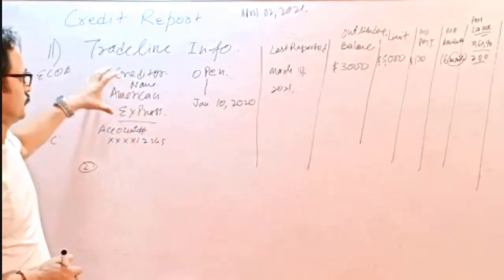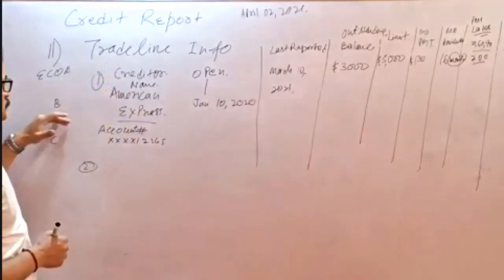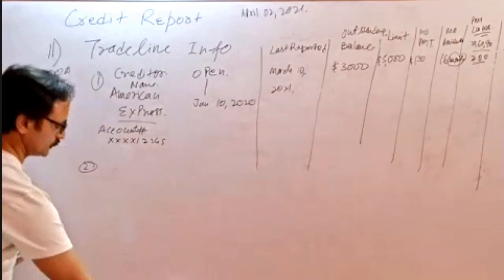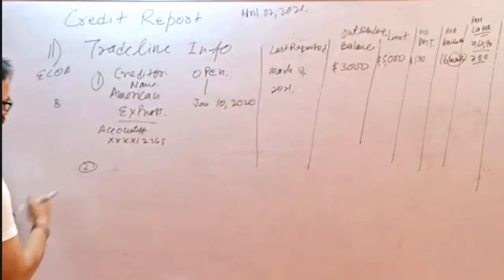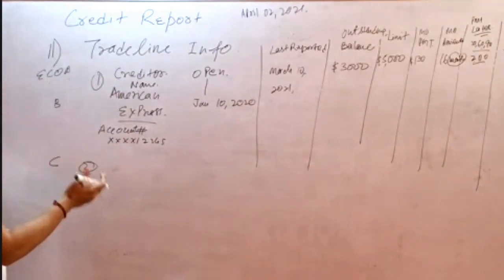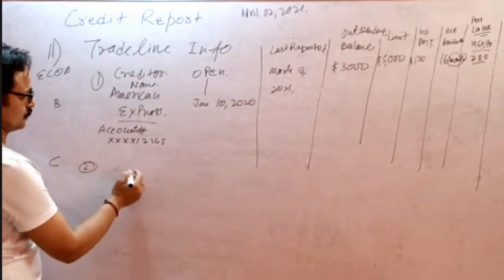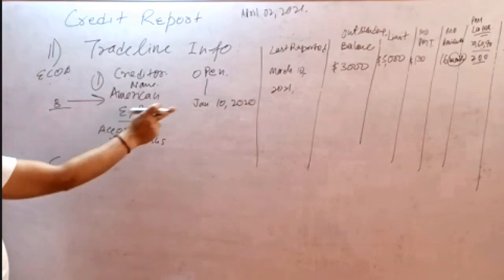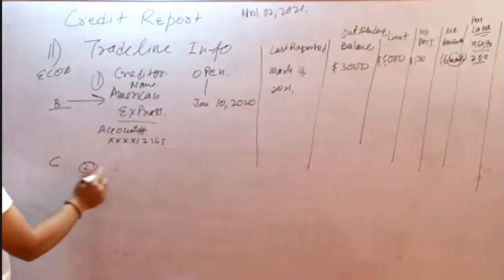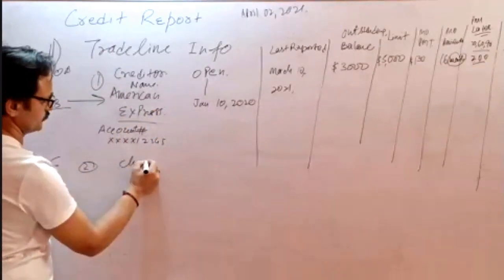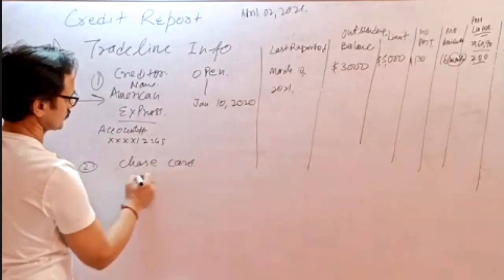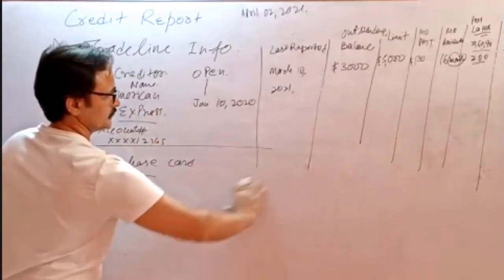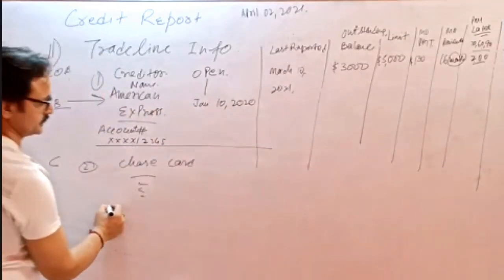So the first American Express belongs to the borrower, and the second trade line could be for the co-borrower, because it's a merge, so they are going to club everything. Number two could be co-borrower. Here it will be written borrower. This is how people get to know it's a borrower, it's a co-borrower, and that is for the Chase card, and all the information will be written in the same manner.